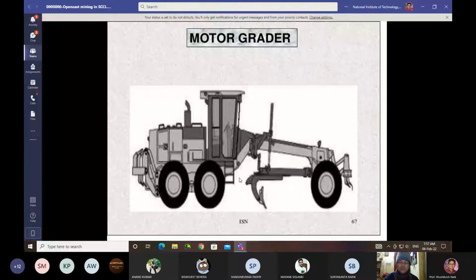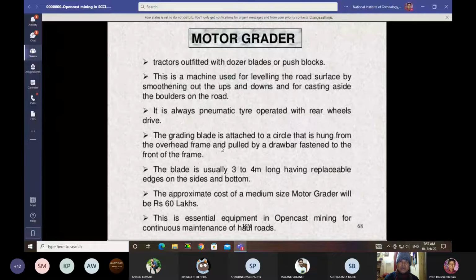So what are the functions carried out by the motor grader? Motor grader is nothing but a tractor also outfitted with dozer blades or push blocks. This is a machine used for leveling the road surface by smoothing out the ups and downs and for casting aside the boulders on the road. It is always pneumatic operated, tire operated with a rear wheel drive.